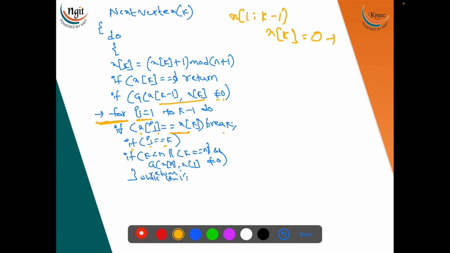If j equals k, then we check whether the vertex is less than or equal to n. If the conditions are true, then we evaluate the next vertex.